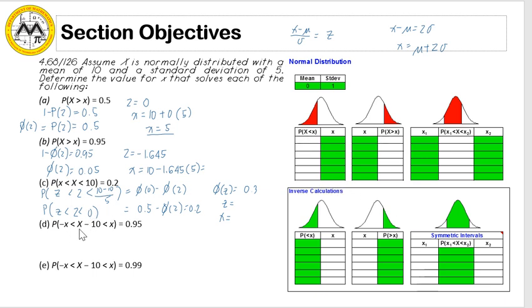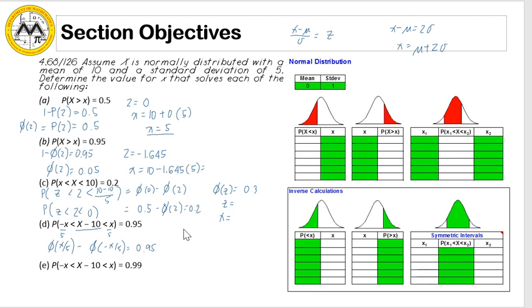So for this one, if we divide this by 5, we would be arriving at z, (x minus mu) over sigma. So this would be Φ(x over 5) minus Φ(negative x over 5) is equal to 0.95. So 0.95, it would be 5% total in left and right. So that would be 2.5% to the left and 2.5% to the right.